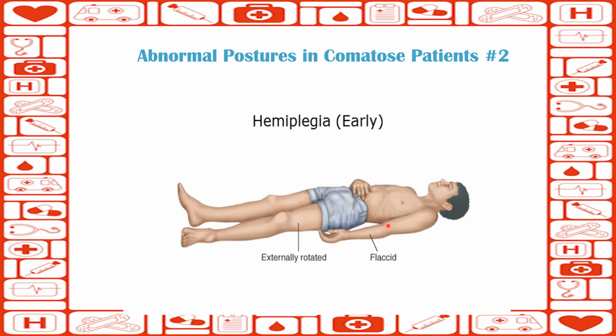They fall loosely and without tone when raised and dropped to the bed. Spontaneous movements or response to noxious stimuli are limited to the opposite side. The leg may lie externally rotated. One side of the lower face may be paralyzed and that cheek puffs out on expiration. Both eyes may be turned away from the paralyzed side.